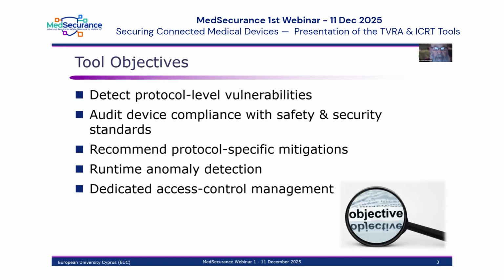We can also do runtime anomaly detection with a couple of tools that monitor the network and inform the user about any anomalies. And finally, we provide dedicated access control management through a tool that aggregates all the devices connected on a specific network under examination.